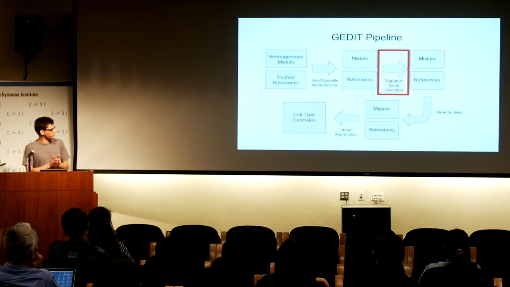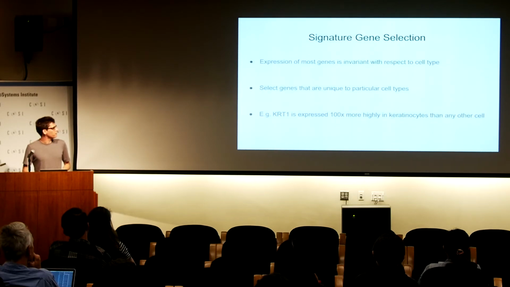Signature gene selection, the idea here is fairly intuitive. Most genes in the data sets that you're looking at aren't going to be particularly useful for deconvolution. A lot of housekeeping genes have expression that is pretty flat across different cell types, and it can be much more accurate to tease out genes that are highly expressed in one cell type and lowly expressed in others.